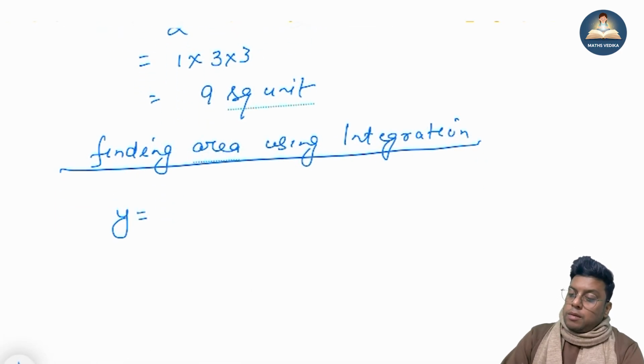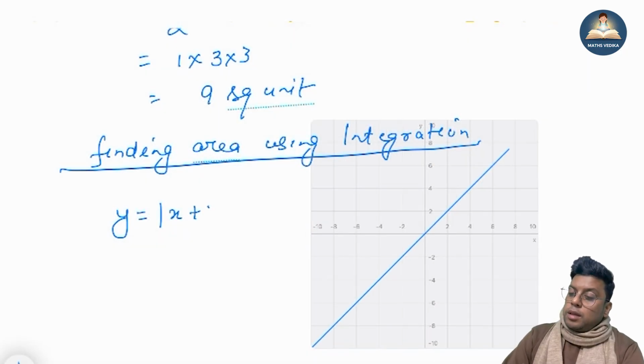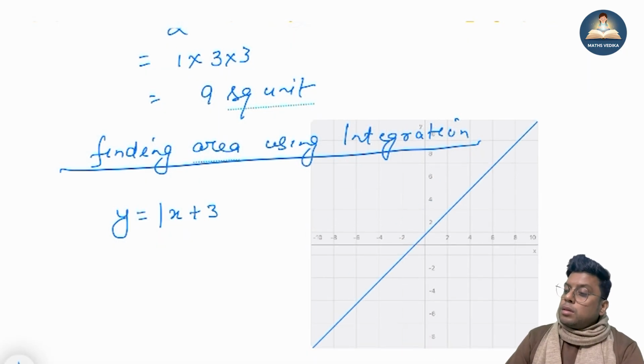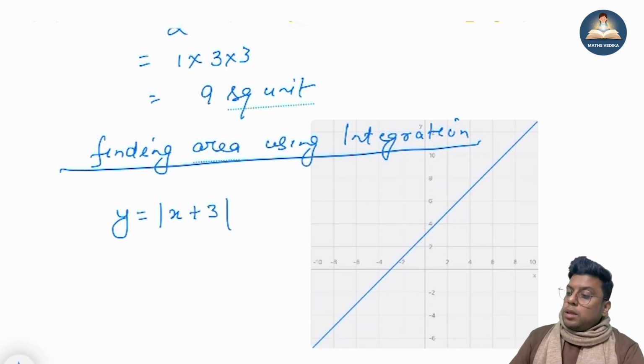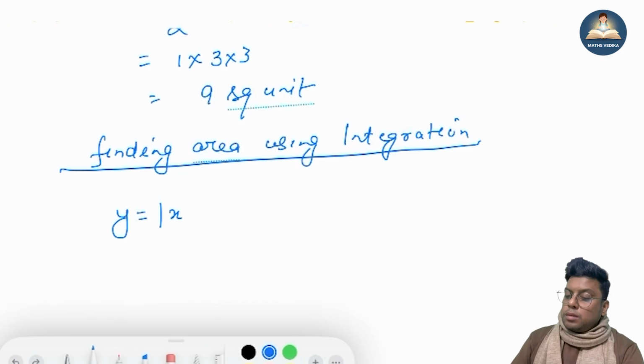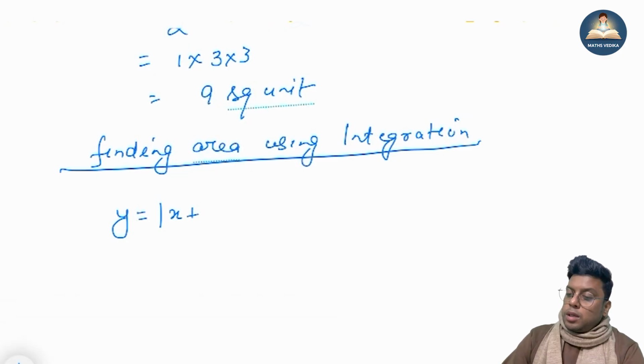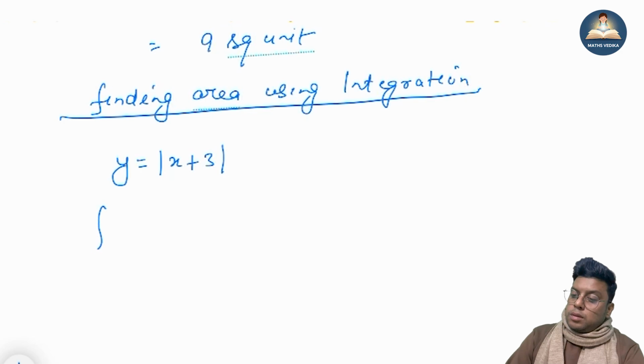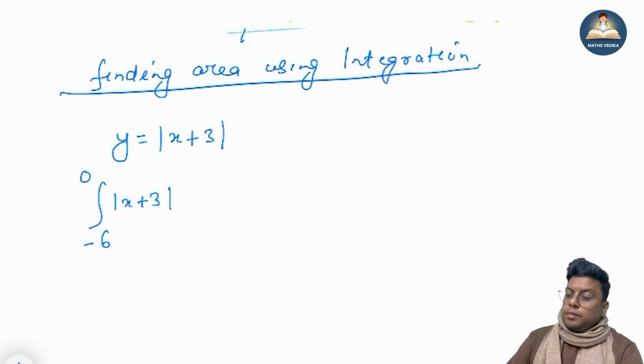So the function is y = |x + 3|. We have to integrate |x + 3| from -6 to 0.